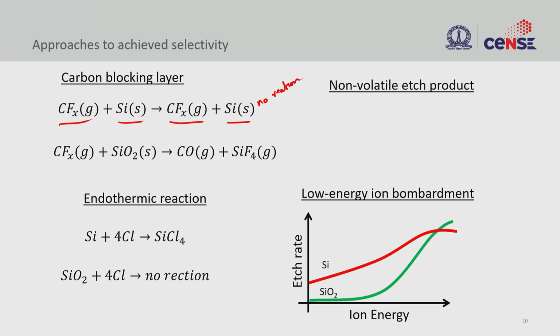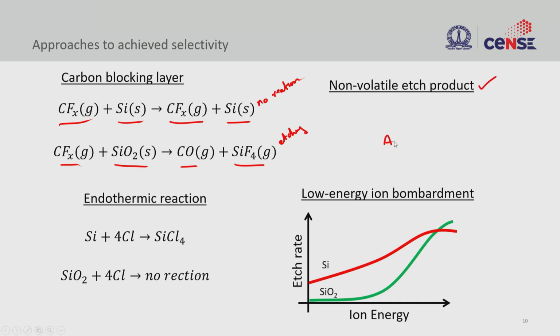But then when you have the same radical exposed to silicon dioxide, you create SiF4, which is a gas, and CO, which is a gas. So here you see etching. So by creating a blocking layer, you are able to stop your radicals reaching silicon, and this is how you can create selectivity.